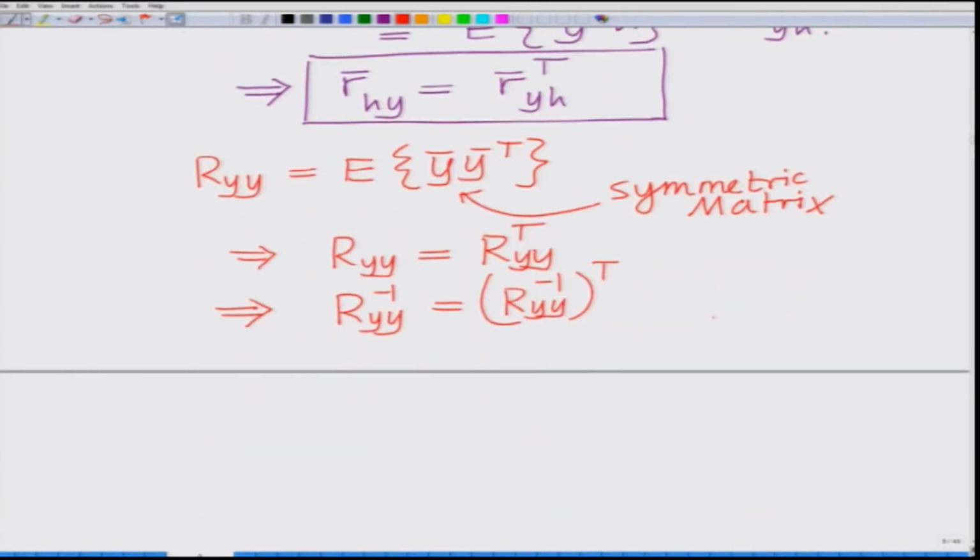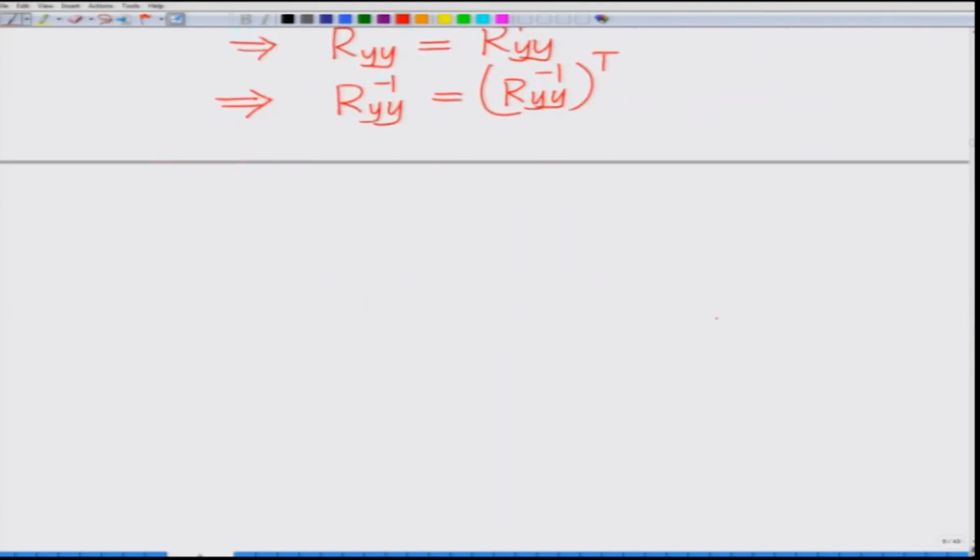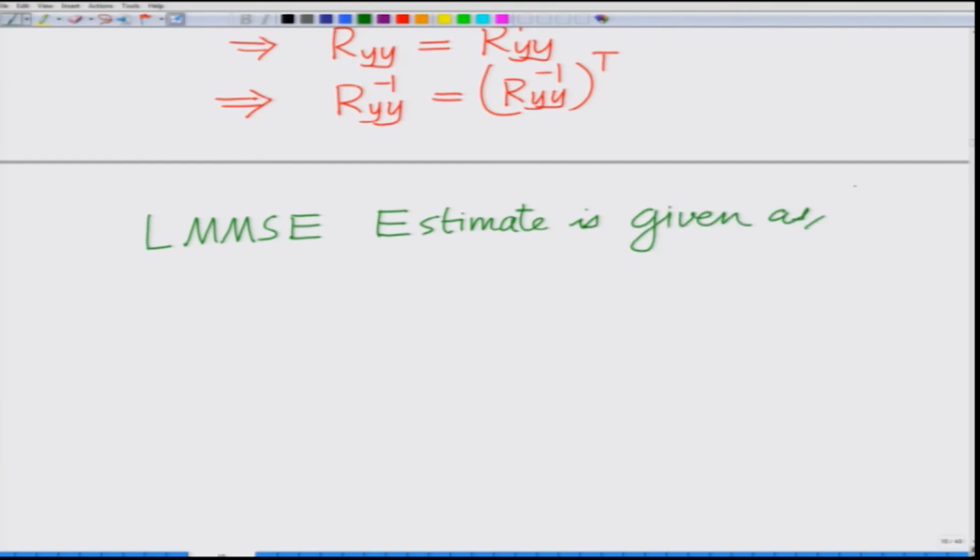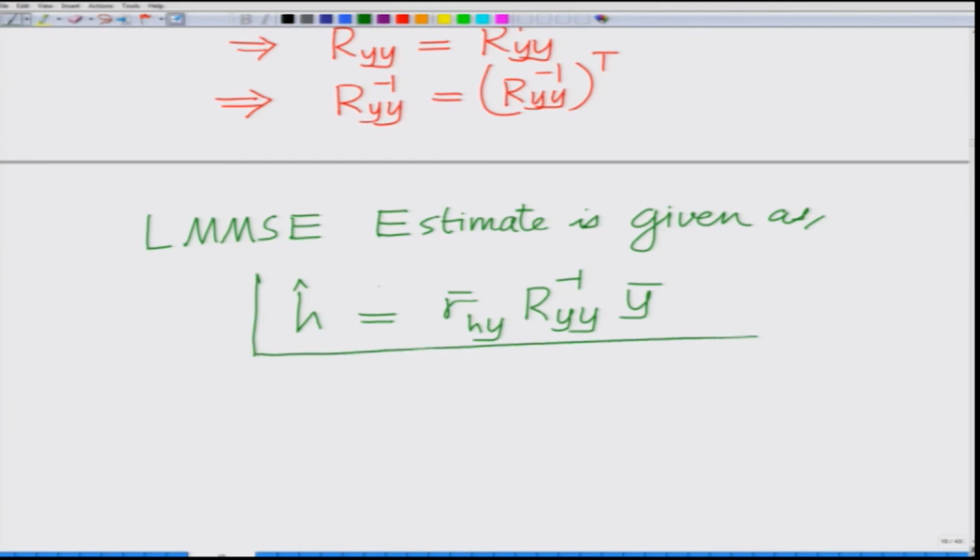So, let me rewrite it again. The LMMSE estimate is finally derived as h hat equals R bar HY into R YY inverse into Y bar.